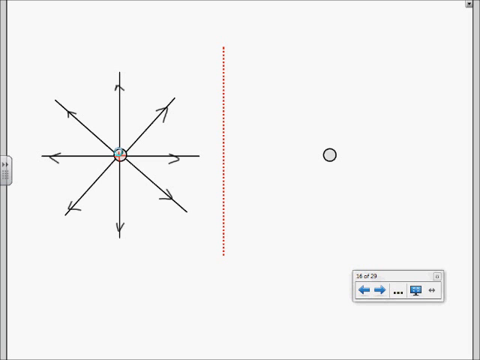If over here we have a negative charge, you can draw exactly the same diagram as this one, except this time you will change the direction of the field lines and have the field lines pointing towards the charge. Right, so by definition, field lines go away from positive charge and they go towards negative charges. So draw both of these diagrams and complete that one for a negative charge in your notes.